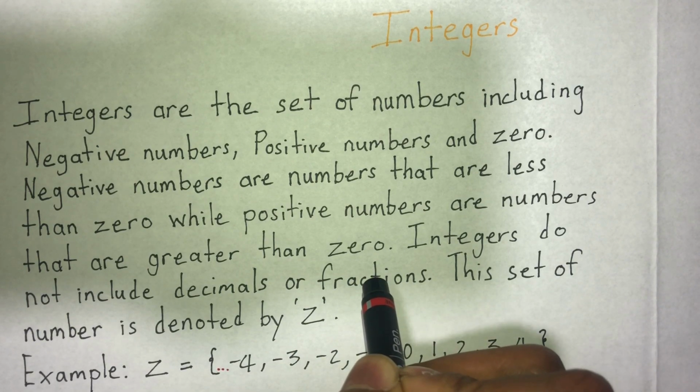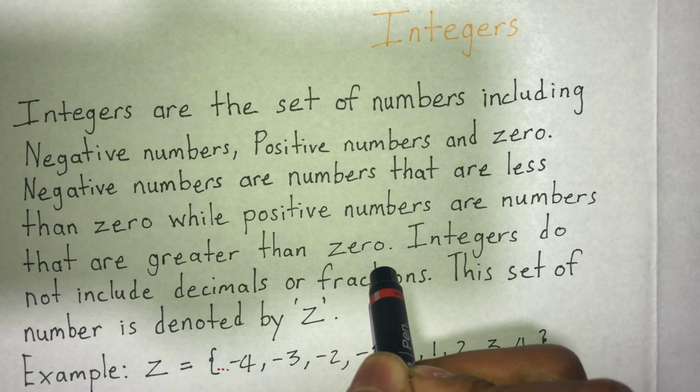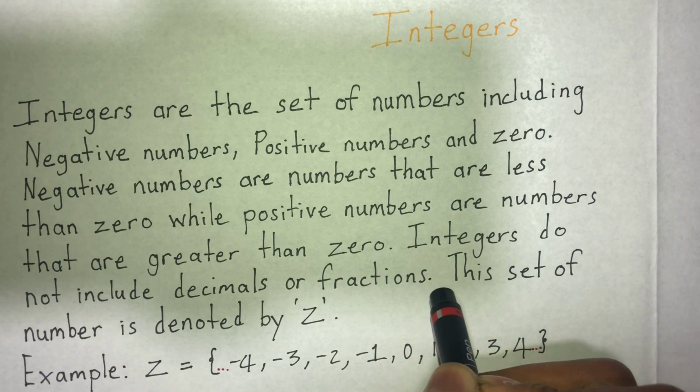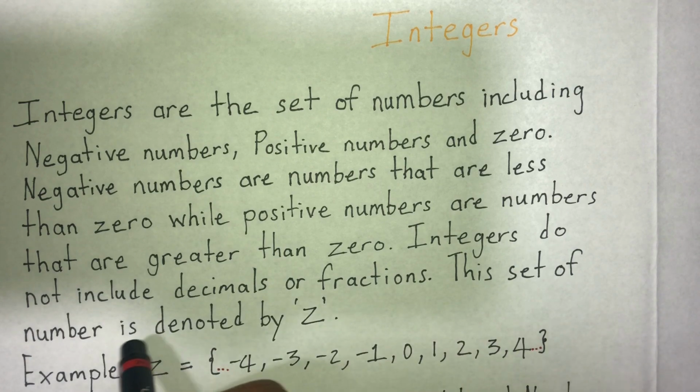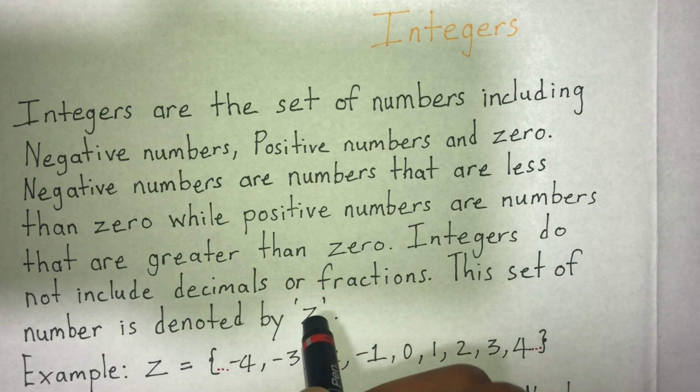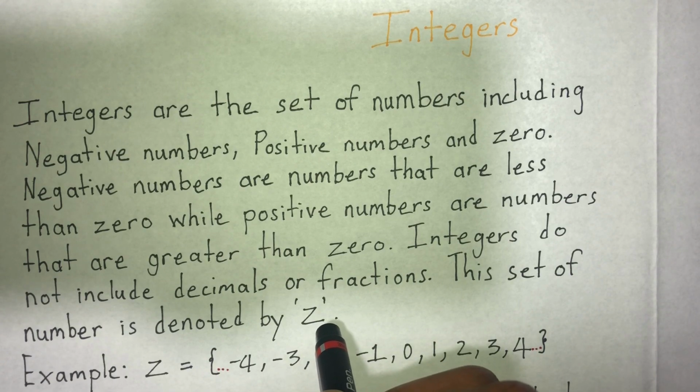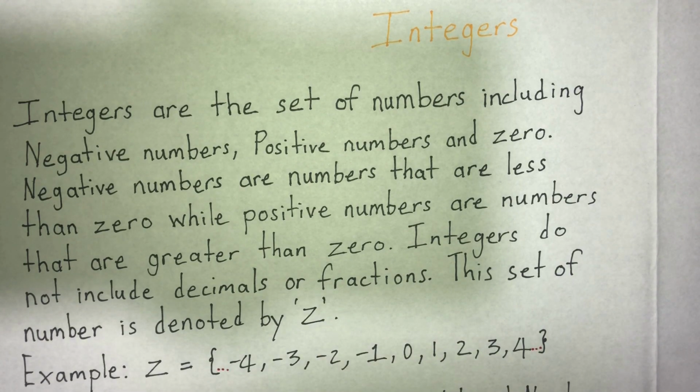This set of numbers is denoted by a capital Z. Example, the set of integers Z equals negative 4, and here we have the 3 dots, which implies that it goes on forever in the negative direction.